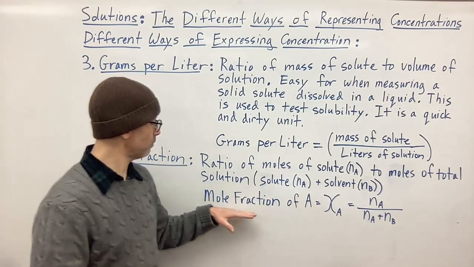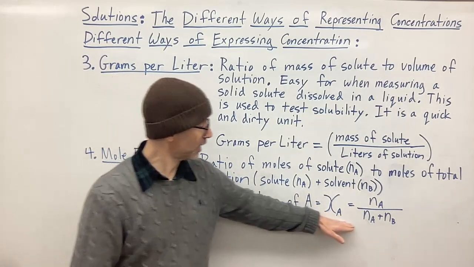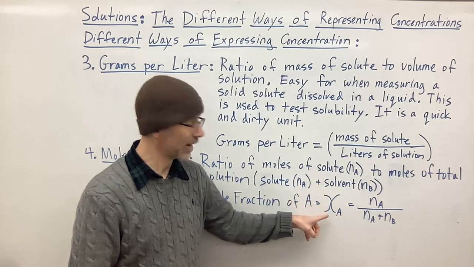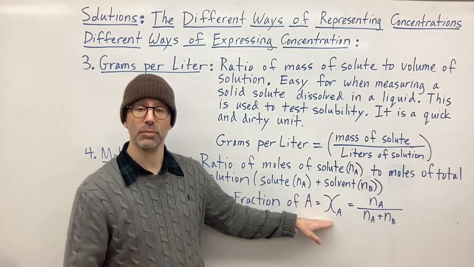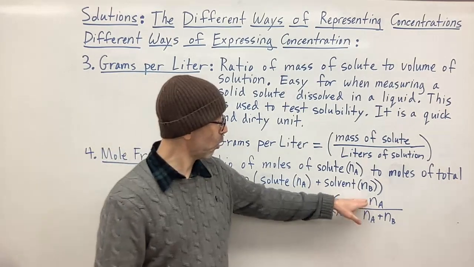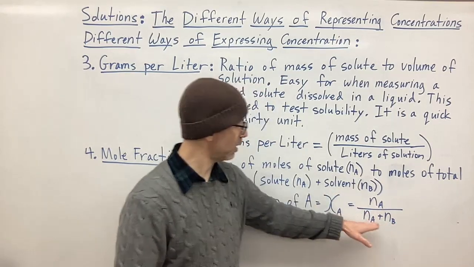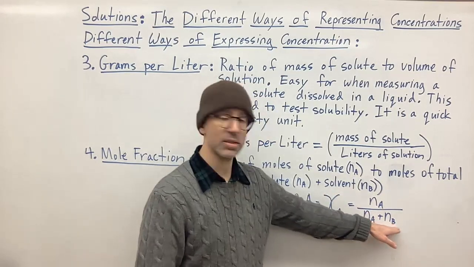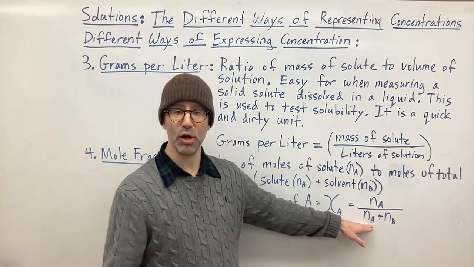So if you want to get the mole fraction of A that's in your solution, that is represented by this funny looking X. This is the Greek symbol chi. So this is often used for mole fraction. So you have chi sub A is equal to the moles of A divided by the total moles of A plus B, the solute A plus solvent B. And so you can have multiple solutes.